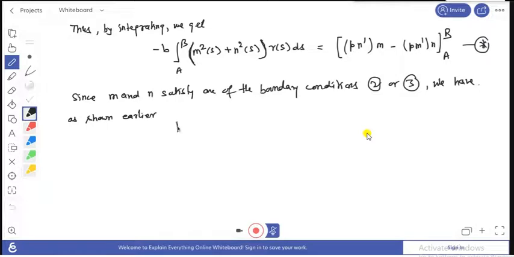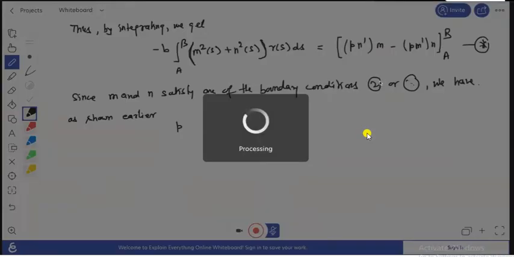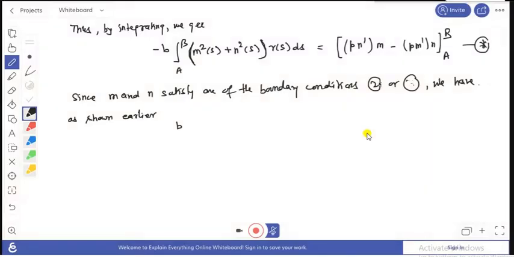So we can write here, these are the boundary conditions 2a or 2b.